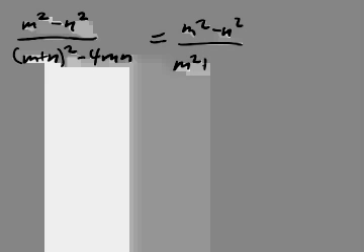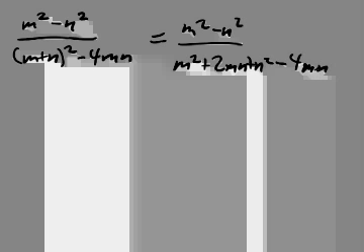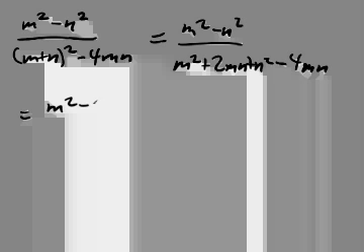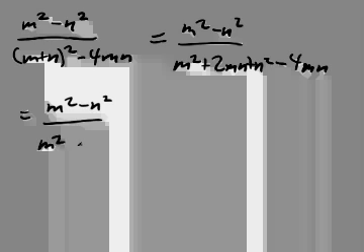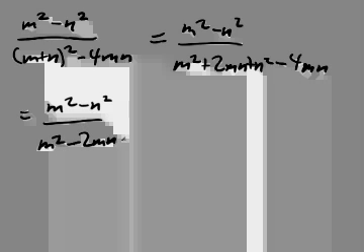Goes over to give us some room. We can expand this out as (m squared minus n squared) over m squared plus 2mn plus n squared minus 4mn, which is (m squared minus n squared) over m squared minus 2mn plus n squared, which is the same as (m minus n) times (m plus n) divided by (m minus n) times (m minus n).